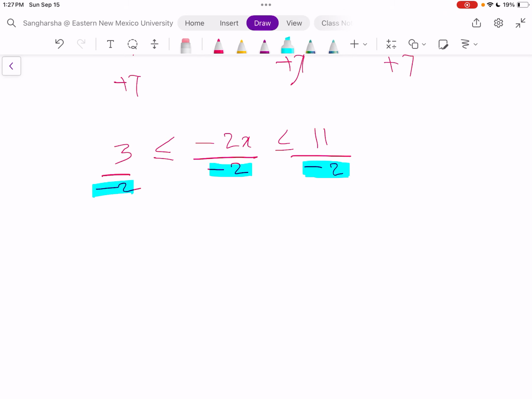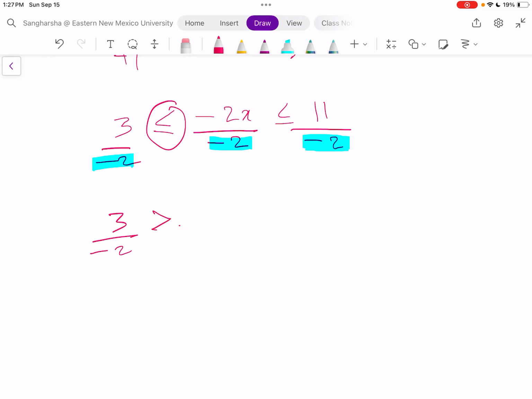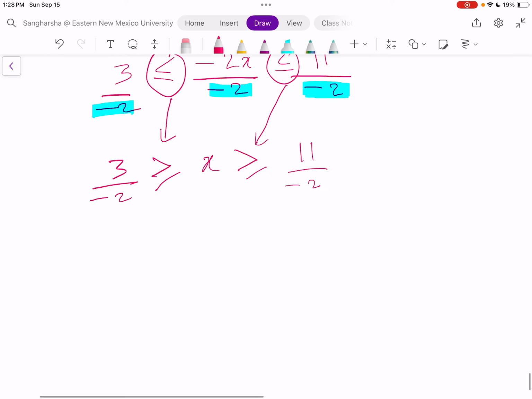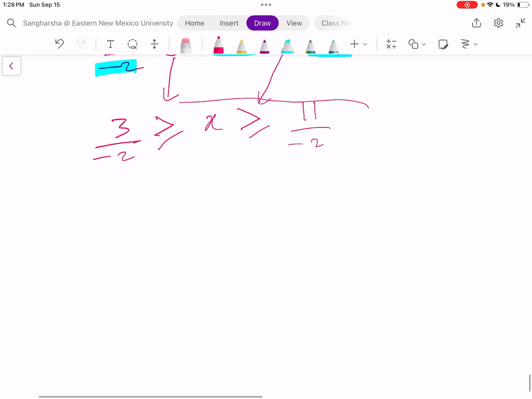So you have 3 divided by negative 2, this changes to greater than or equal to negative 2x divided by negative 2, which is x, and this changes to this sign, 11 over negative 2. Do not forget this. Whenever you are dividing or multiplying the inequality by a negative number, it flips. Now this is the solution.